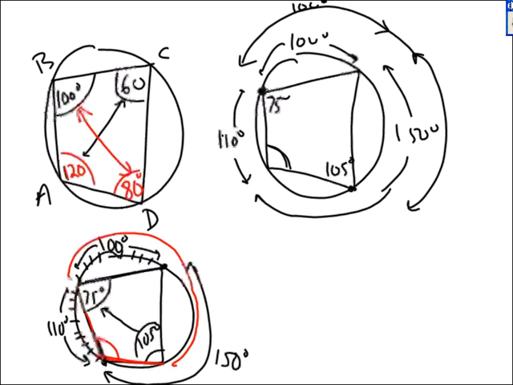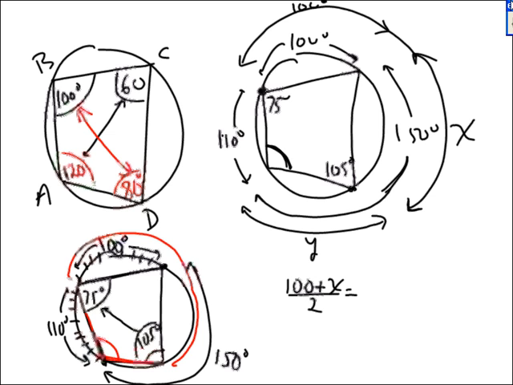From here to here is x, and from here to here is y. So this angle right here cut off 100 plus x, and when you divide it by 2, you get angle 1.